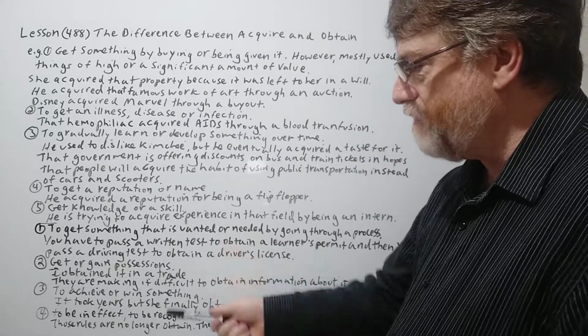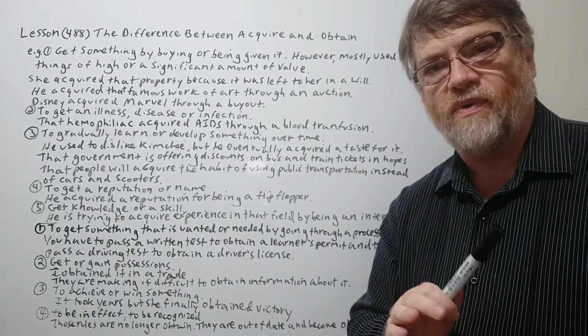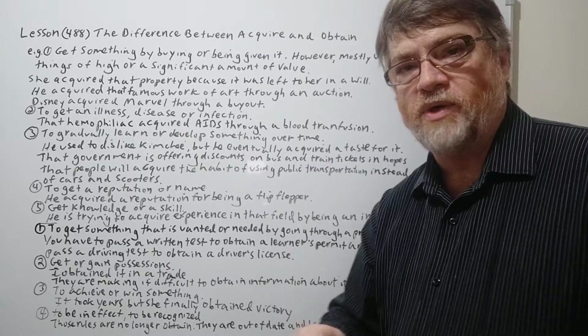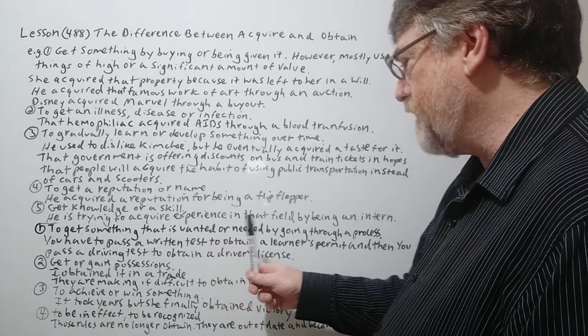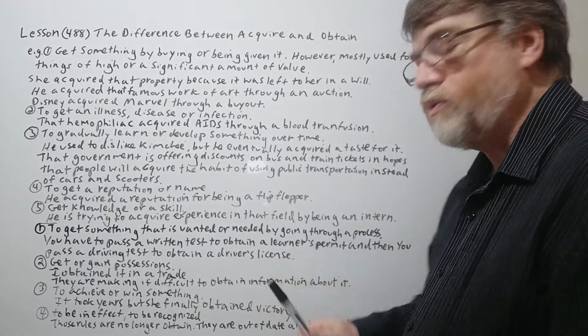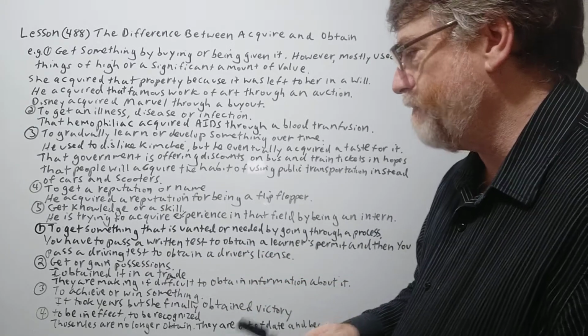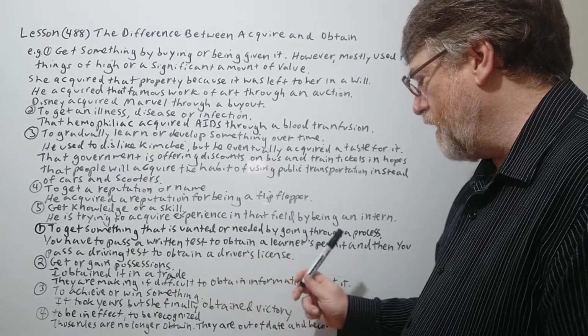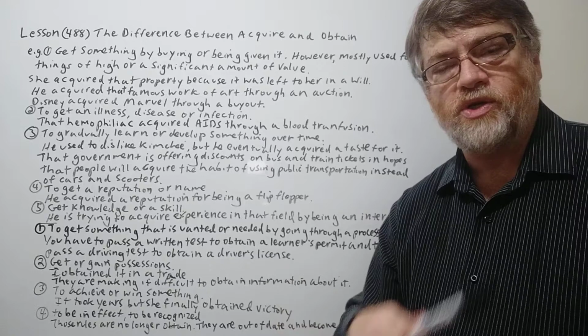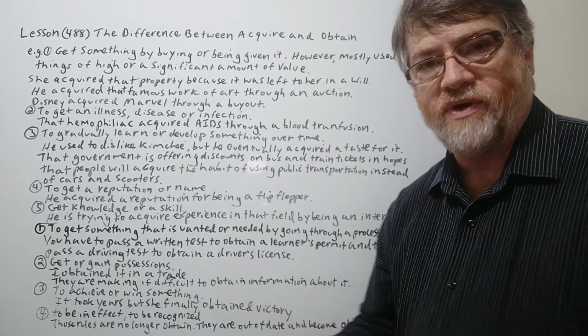All right, let's continue. Now we got 4 uses for obtain. So you're a little more likely here to use obtain than acquire. To get something that is wanted or needed by going through a process, okay, you have to pass a written test to obtain a learner's permit. Like when you're trying to get a driver's license, you got to do that first.